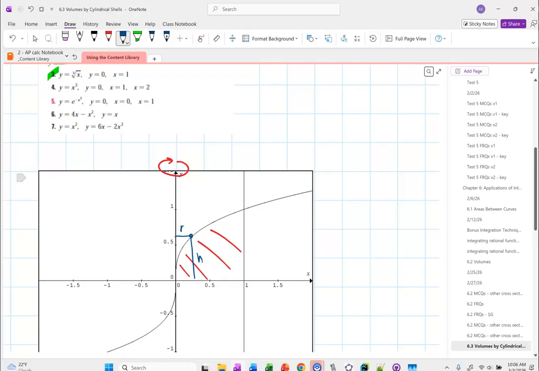We're always drawing the radius from the axis of rotation to the curve, and we draw our height through the shaded region to the boundary. Usually an axis or a line that's the boundary, usually a straight edge.